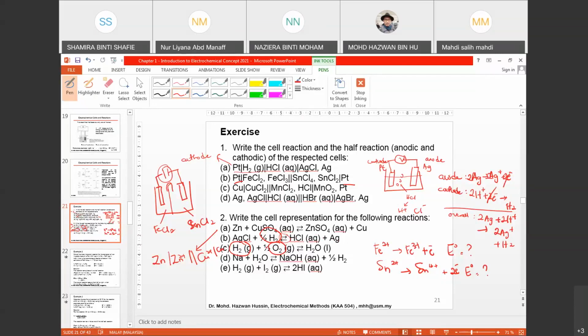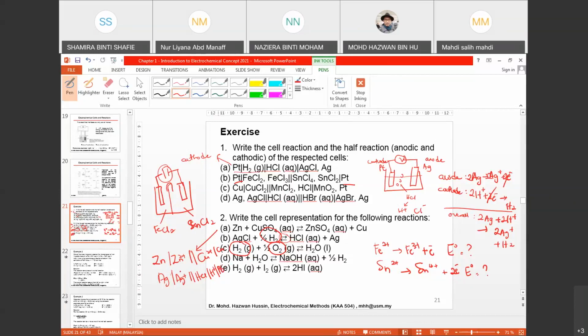But in this case for B, of course the anode will be silver. Then you know, we got Ag plus, and then this one will be HCl, H plus, and then this one will be what? Platinum, for example.